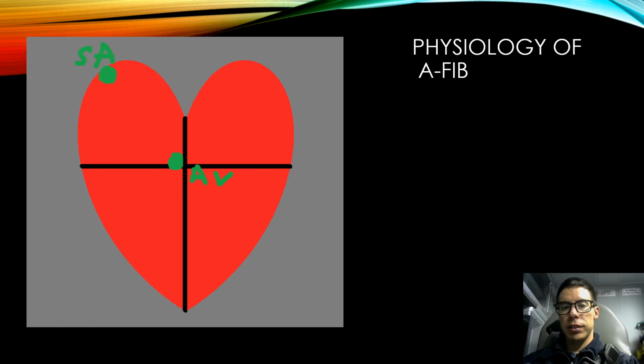We have this rapid firing of different pacemakers, or different individual cells trying to take over as the pacemaker, but what happens is, if you think about the process of depolarization and repolarization, which I don't know if I discussed in detail in the first video, the T wave is where you have the repolarization, and there's kind of two parts to that.